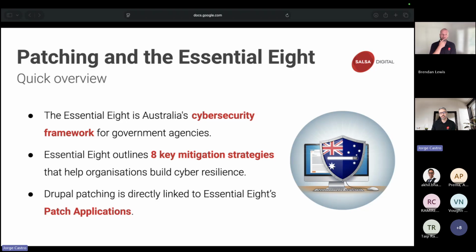What it does is significantly help organizations to build cyber resilience and to protect their systems as a result. The reason why we talk about it in the context of Drupal is that patching Drupal, specifically in the application layer, is directly linked to one of those strategies. By maintaining a rigorous patching schedule, we're not just fixing bugs. As I said, it's not just a technical task. We're actually working to comply with standards like the Essential 8, and help with a national cyber standard as a result.